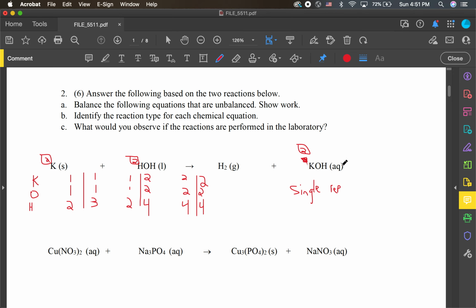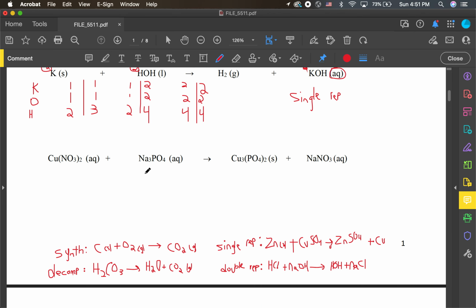So that would be something in the bowl, a molecule dissolved in water. That's what aqueous means. It means it's a substance that's dissolved in water. So this may be colored, it may not be, but you'd have a bowl of this hydroxide and you'd have a gas coming out of it, is what you would observe in the laboratory.